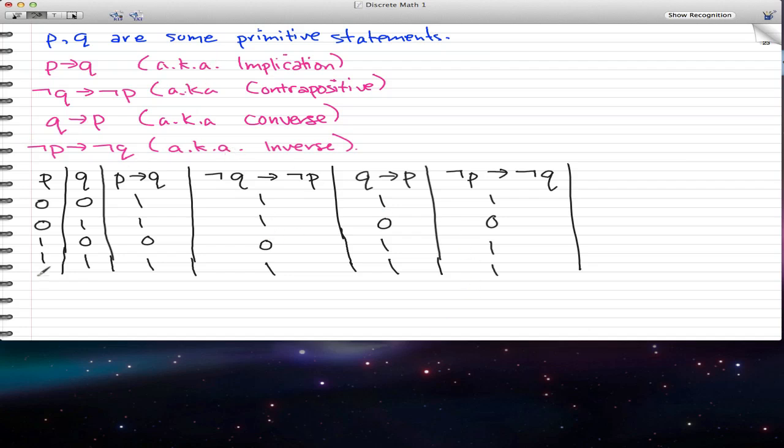And here are the truth values for when P and Q are true or false, and the following results, the truth values for the implication, contrapositive, converse, and inverse. And yeah, I don't really know what the importance of this is. I'm sure there is importance, but I never really understood what it is, or I was never taught what it is.